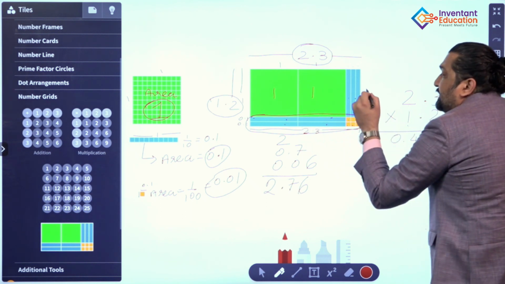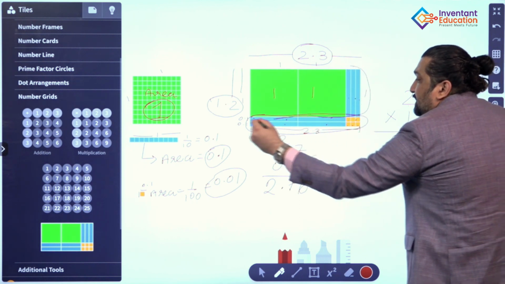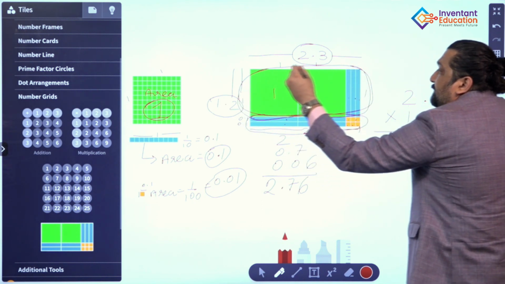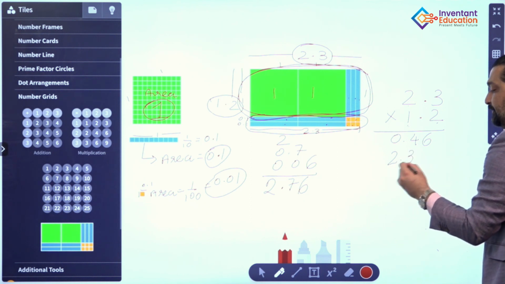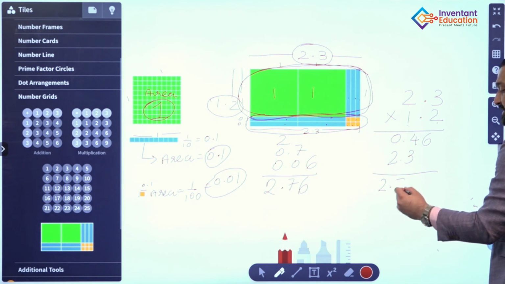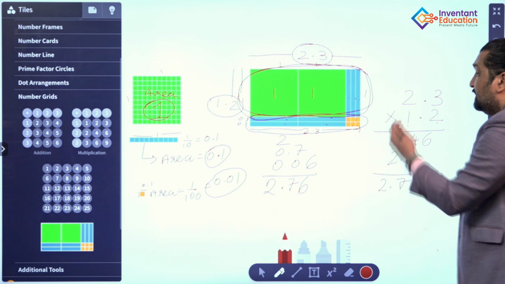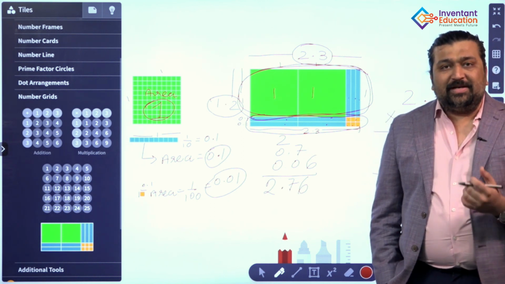So this part is 1 and this is 2.3. So the area here is the result of 2.3 multiplied by 1, that is 2.3. And the addition of these two is 2.76. Now when you use manipulatives, decimal multiplication becomes very easy and students will be interested.